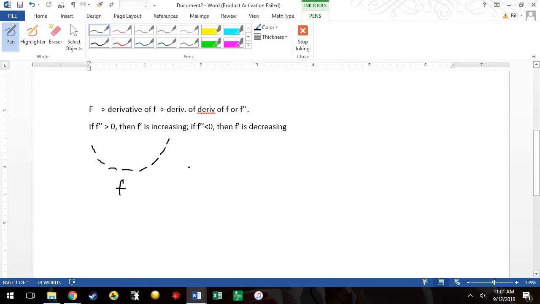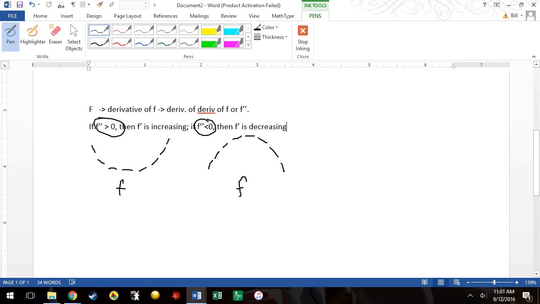And if the second derivative were negative, then we have the reverse. We have slopes that might be positive, becoming 0, and then negative, and then becoming steeper and steeper. So this would be a graph of f if f double prime were negative. Here it's f double prime positive.